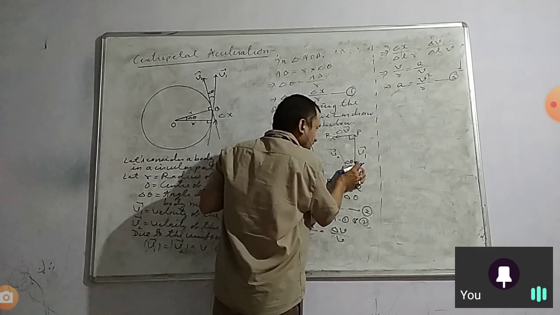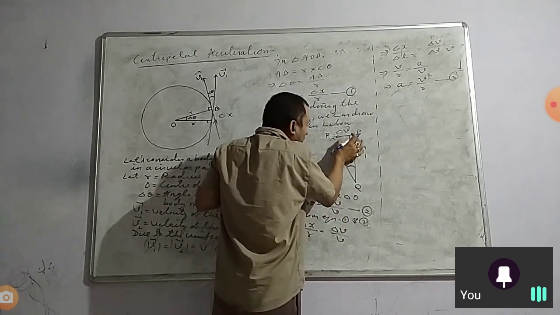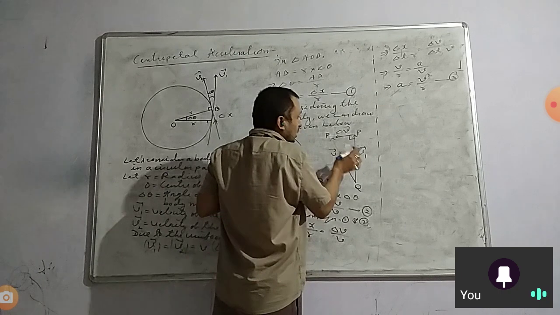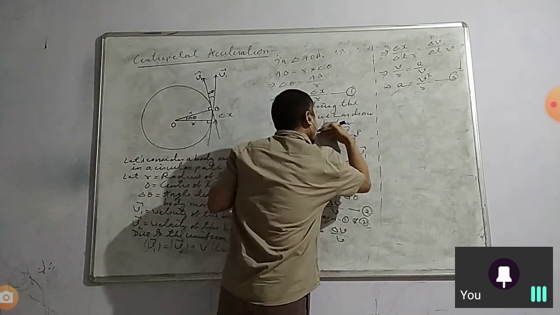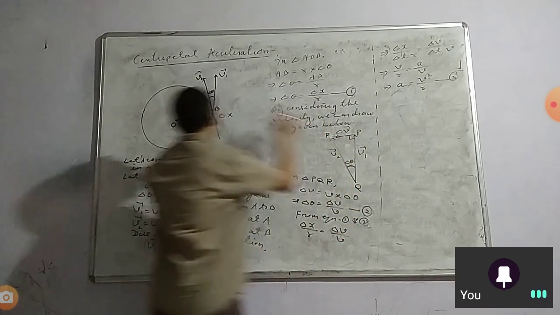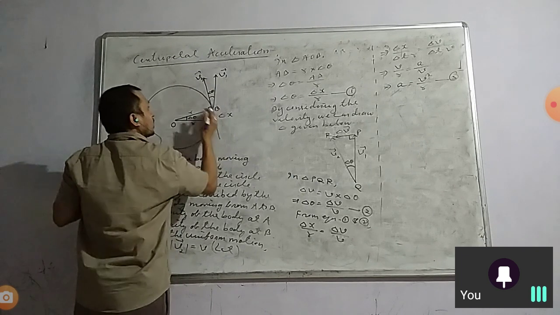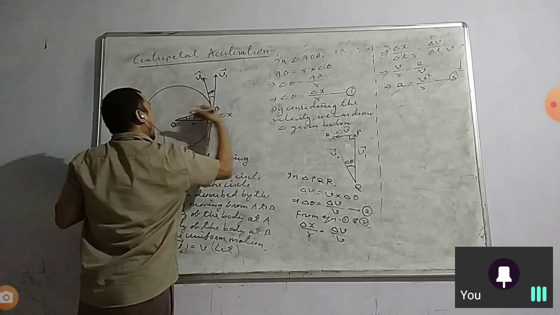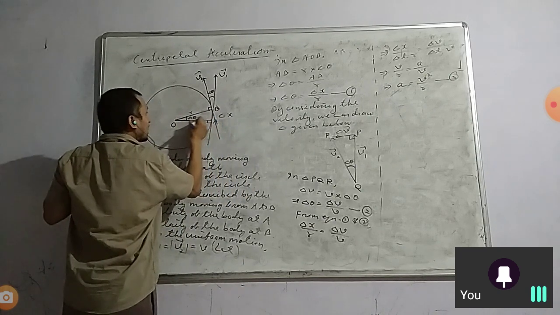Because if delta theta is very small, then both these angles will be 90 degrees. So delta V is directed perpendicular to V1. In this diagram, this is the direction of V1, and R is perpendicular to V1. So this is the direction of delta V.